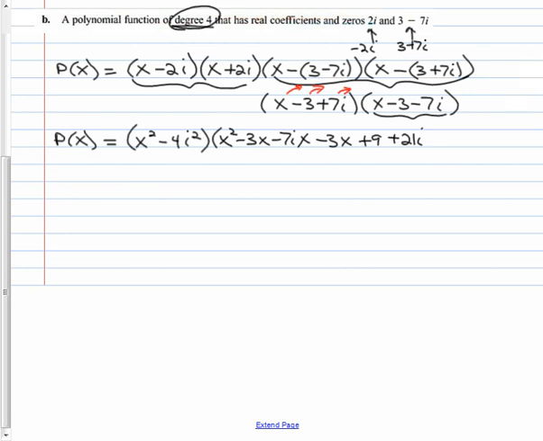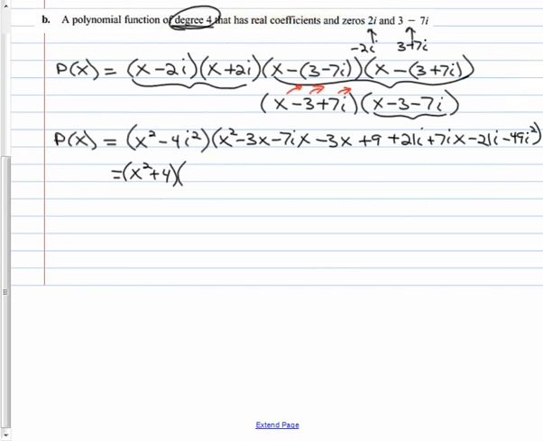Then taking my 7i and distributing, plus 7ix minus 21i, let's see, minus 49i squared. There's my multiplication. I'm just distributing those. Now I'm going to come back through and simplify some things. And one thing I'm going to simplify is this i squared to a negative 1. So that's really plus 4 right there.